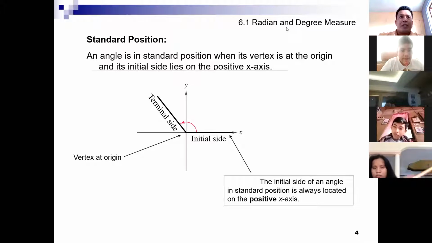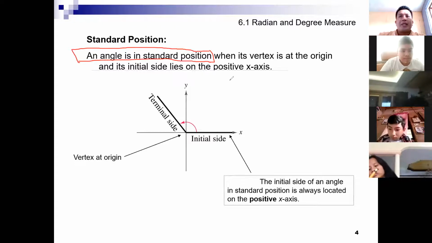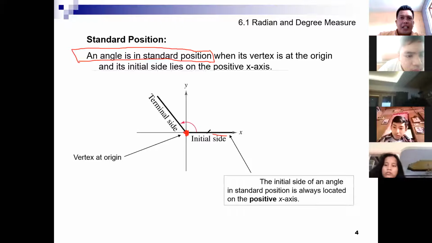An angle in standard position of a certain angle in trigonometry has a specific initial side. The angle in standard position is drawn on the Cartesian plane where the vertex is at the origin, and the initial side of the angle in standard position is on the positive abscissa.